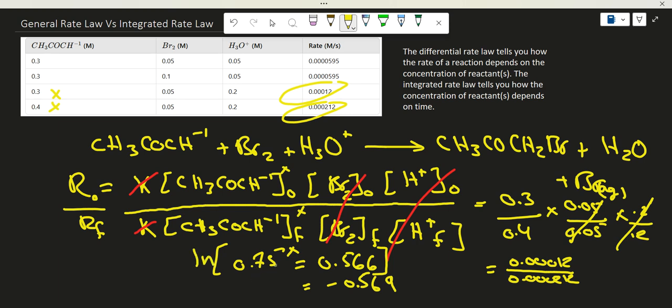Take the natural log of 0.75; whatever is the power, you can pull out of the natural log and make it a coefficient. And you will end up with the natural log of 0.75, which is 0.288.